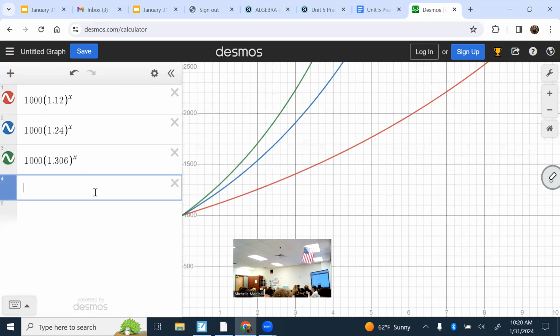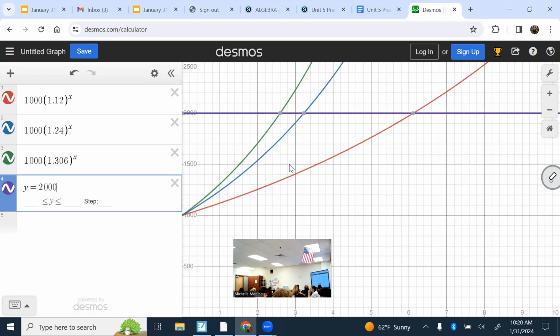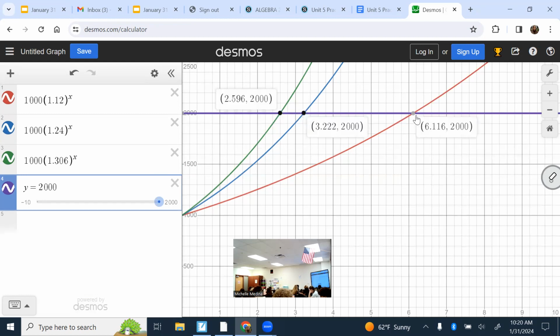Another thing you can do, I know the equation y equals 2,000 will give me a line here. And then it makes it really nice. Desmos lets you click where they intersect, and you could see exactly when it reaches 2,000 for each one.